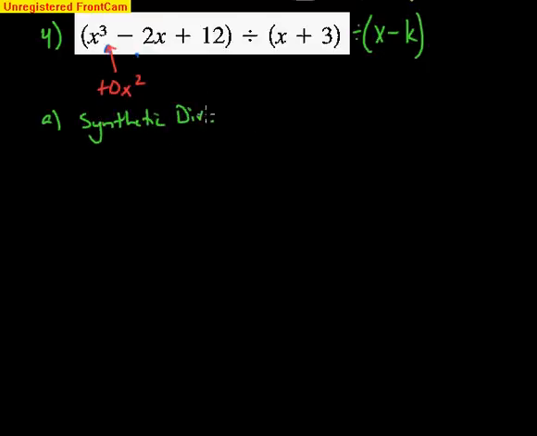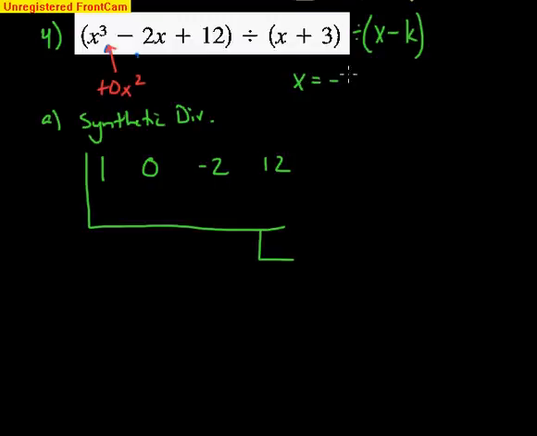So remember, with synthetic division, we list our coefficients. 1 for the x cubed, 0 for the x squared, negative 2 for x, and 12. We draw our L. And now, we don't put the factor, we put what the 0 would be, the opposite, negative 3 out in front.